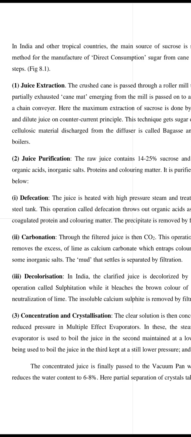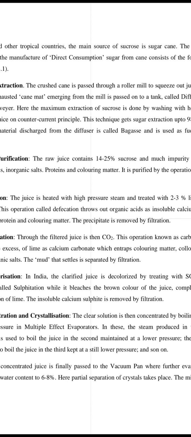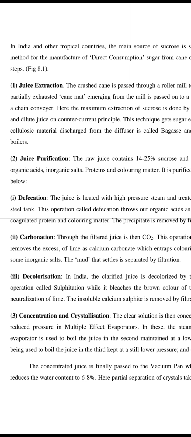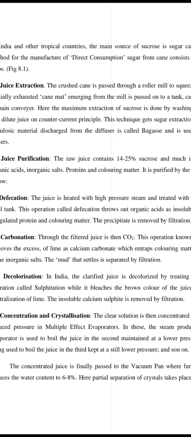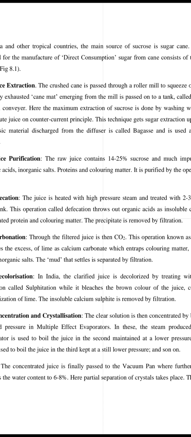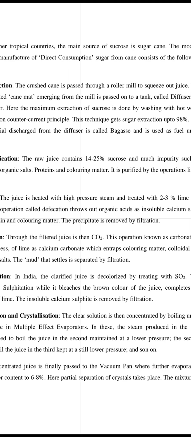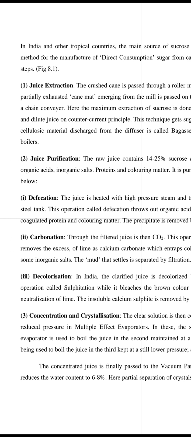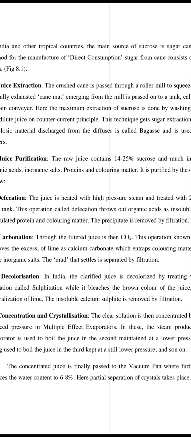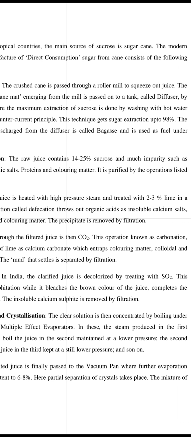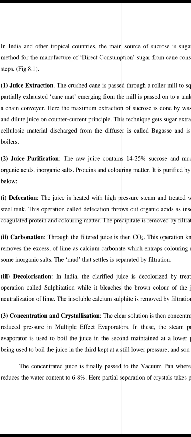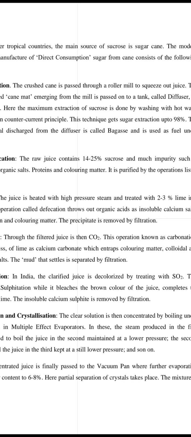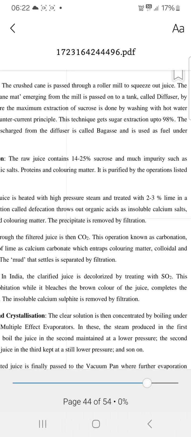So how will you do the juice extraction? The crushed cane is passed through a roller, meaning to squeeze out juice. The partially exhausted cane mat emerging from the mill is passed onto the tank called a diffuser by a chain conveyor, where the maximum extraction of sucrose is done by washing with hot water and dilute juice on the counter current principle, and this technique gets sugar extraction up to 98%.